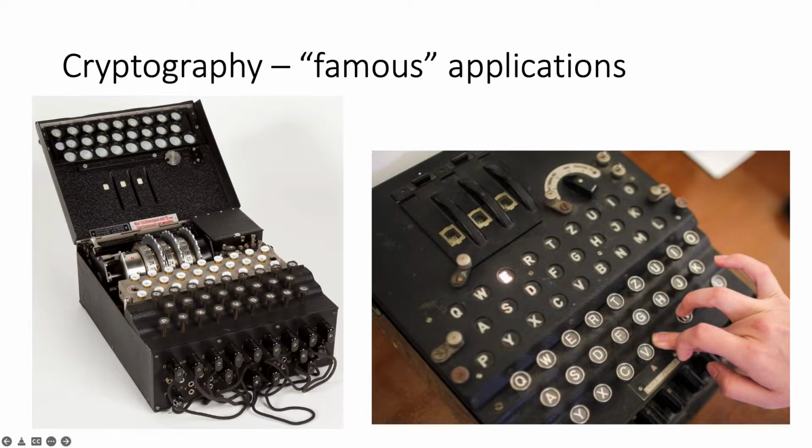Most people actually believe it is the power cords at the bottom, where you could wire different characters into other ones. One example, the letter Q here is wired all the way down to the letter C. So whenever you type Q, it actually means C, and vice versa. But the important thing to remember is that the second part, the pull cords, is not that hard to break. The one at the top, it is. It's really hard. It's not impossible for today's standards, since we have very powerful computers, but it's still quite an interesting machine.